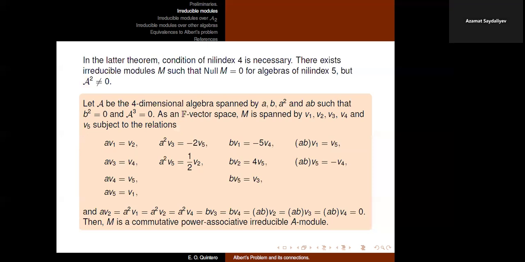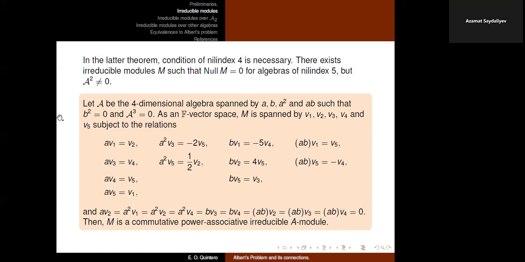It is interesting that in the latter theorem, the condition on the nil index is necessary, because there exist irreducible modules such that the annihilator of the module is 0 for algebras of nil index 5, but A squared is not 0. Consider the four-dimensional algebra spanned by a, b, a squared, a times b, such that b squared is 0 and a cubed is 0.